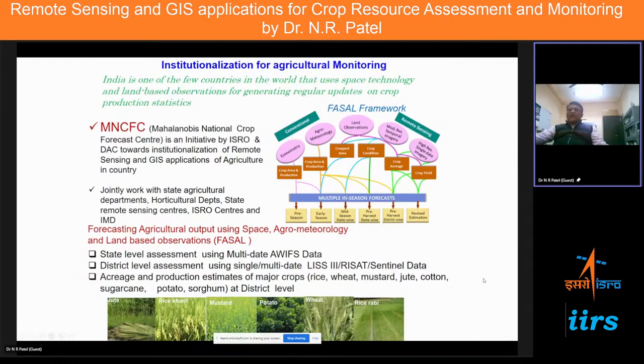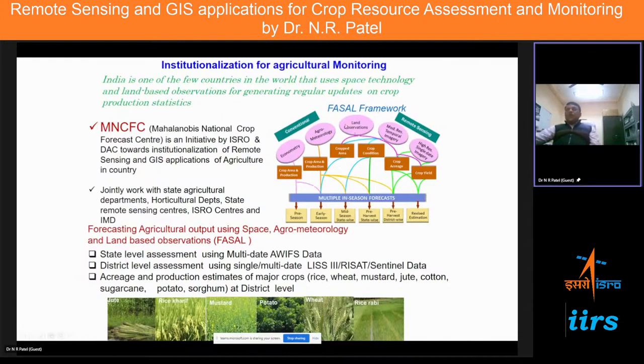At state level, they give it with advanced risk data; at district level, for more than 15 crops. Right now, this center is giving every season, Kharif and Rabi both, acreage estimation of all these crops: rice, wheat, mustard, jute, cotton, sugarcane, potash, sorghum. Many more crops are also being added for regular operational crop acreage estimation as well as monitoring.